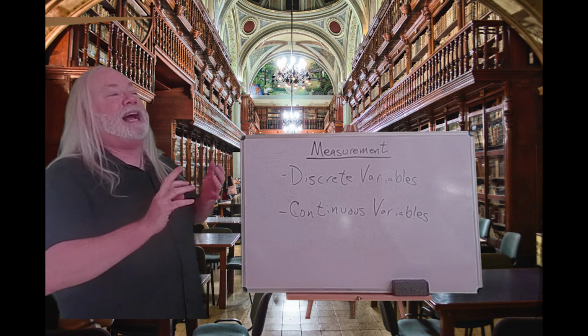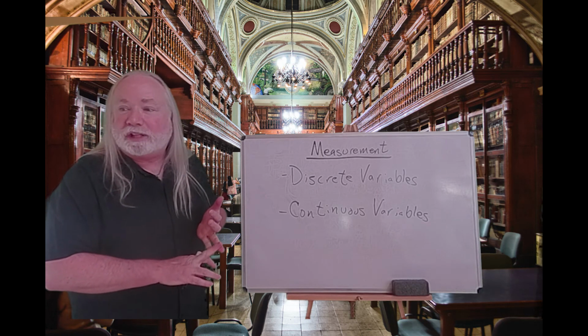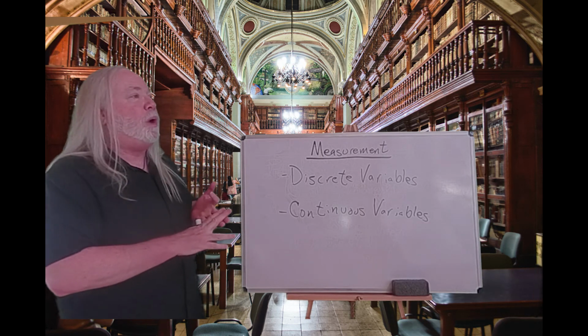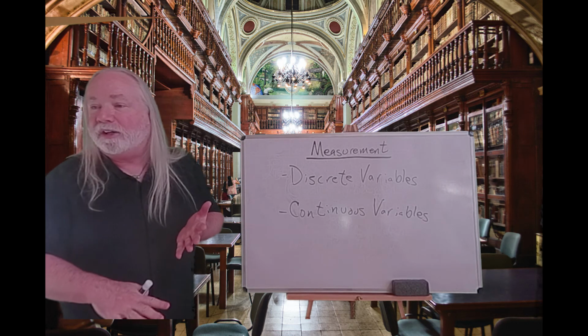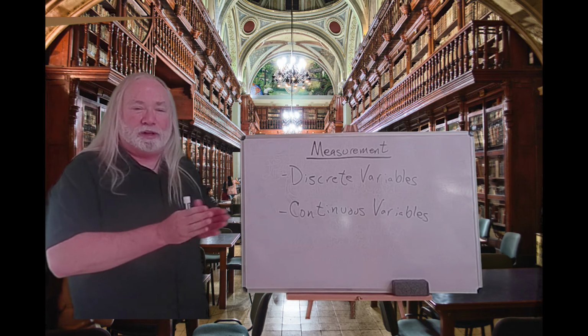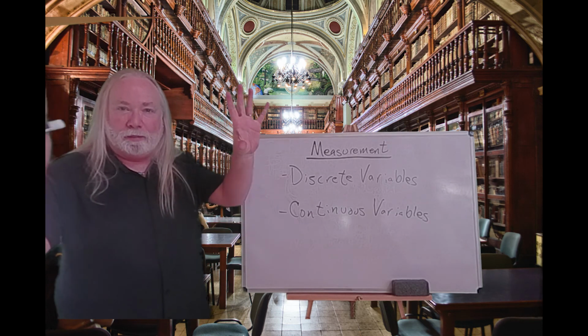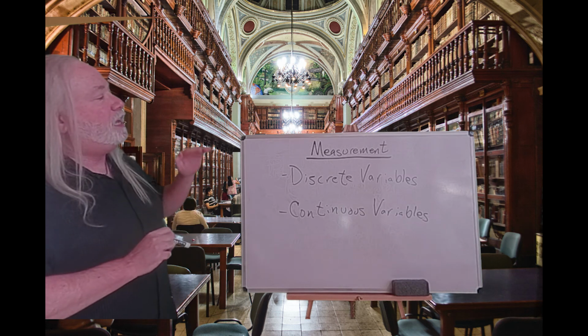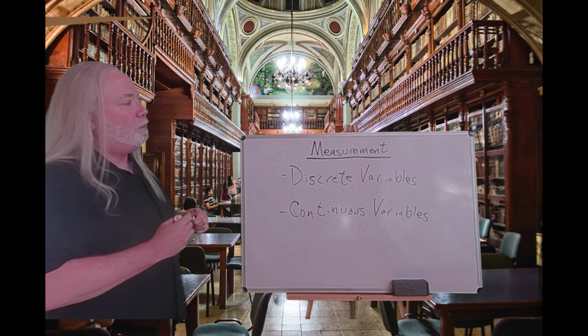So if we're measuring time, how many minutes or seconds? If we're measuring distance, how many inches, how many meters? If we're measuring weight, how many pounds or kilos? If we're measuring your age, how many years? All those things would be continuous. We can keep finding smaller and smaller answer boxes in between major categories. So that's one way of thinking about our variables that we're going to measure.